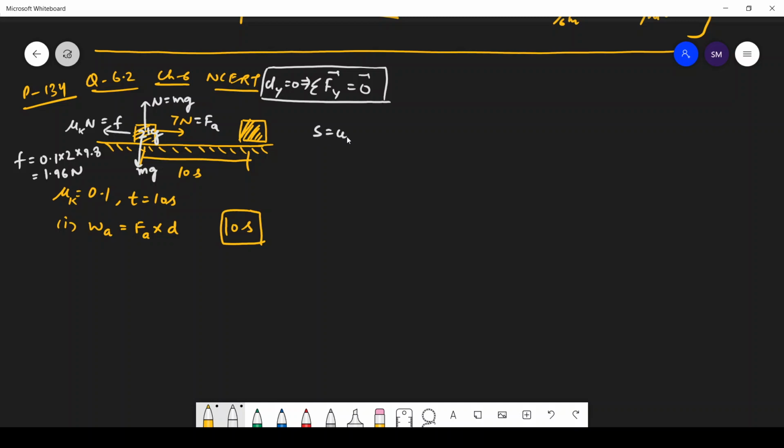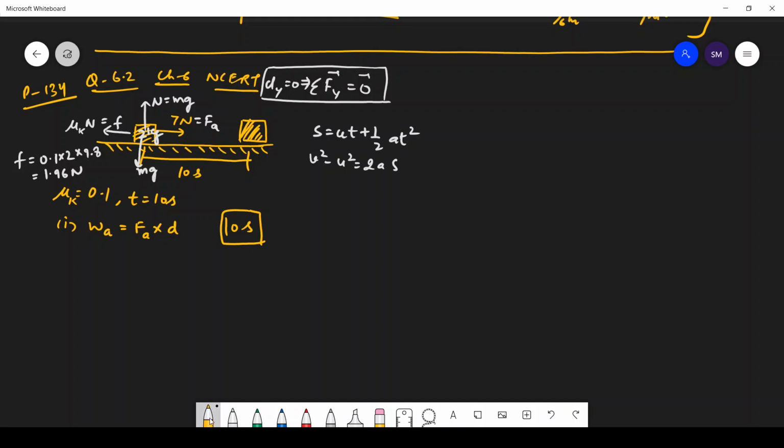S is equal to ut plus half at square, and v square minus u square is equal to 2as. So the point is that to use these formulas, I need u. So u, I know that u is 0, because it starts from rest.